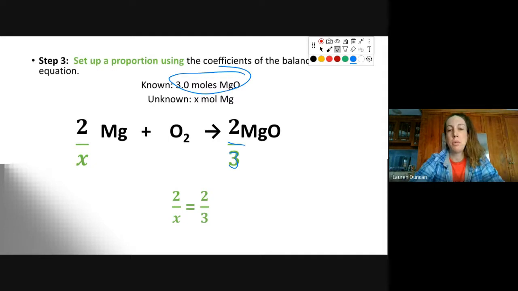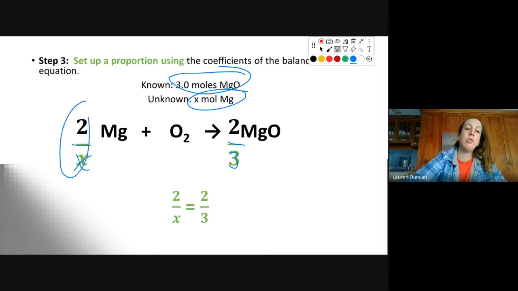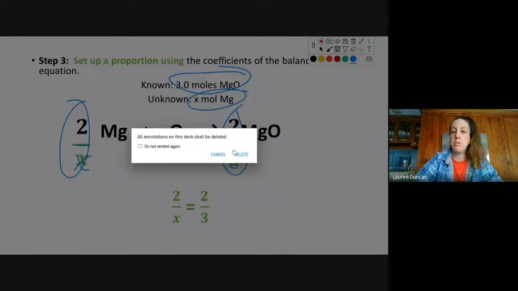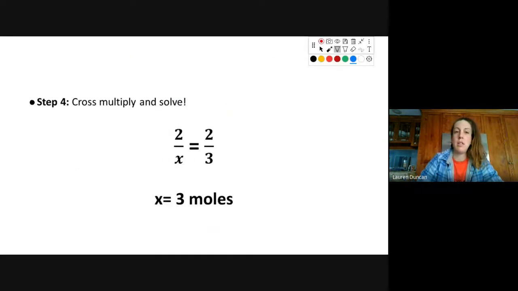So I would put the 3 under the magnesium oxide. I want to know how many moles of magnesium it would take to produce 3 moles of magnesium oxide. So under the coefficient for the magnesium, I put an X. That's what I want to know. I bring it down, 2 over X from the magnesium equals 2 over 3 from in front of the magnesium oxide. And then I cross multiply and solve. And I get 3 moles.